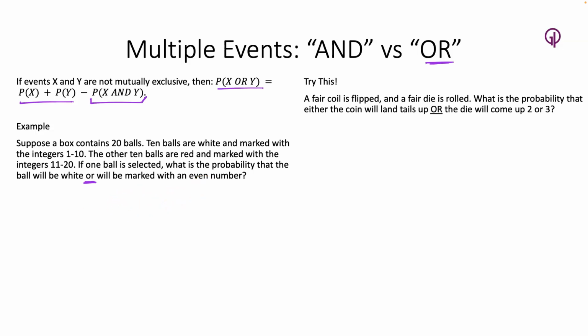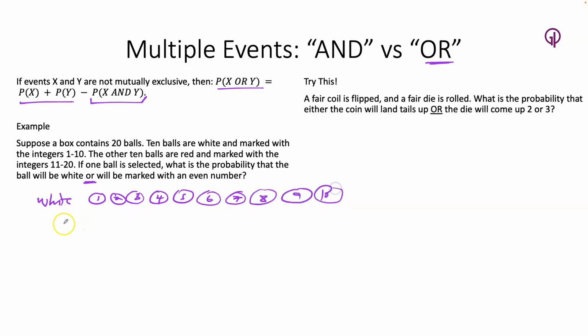Now here, since we can list the balls, you have 20 balls, 10 are white and marked with 1 to 10. So here we have all the white balls: 1, 2, 3, 4, 5, 6, 7, 8, 9, 10.